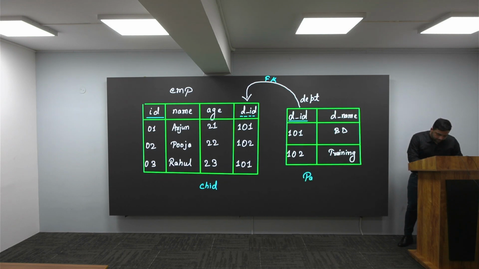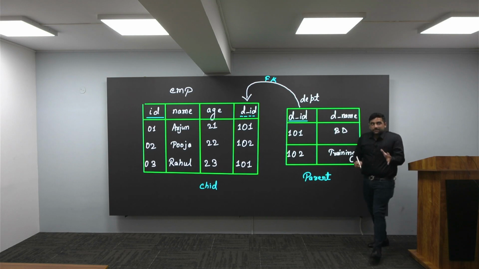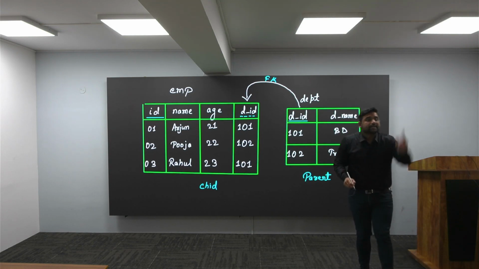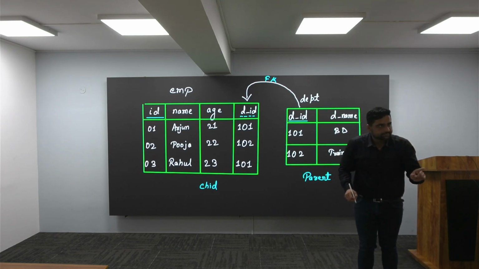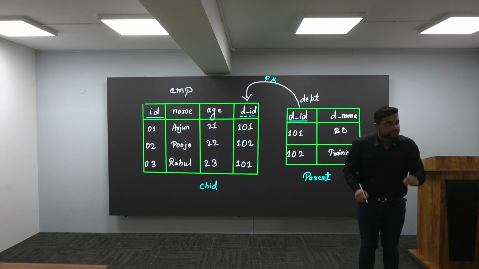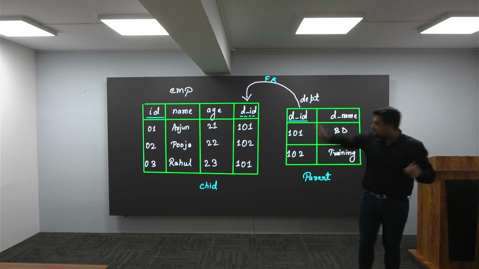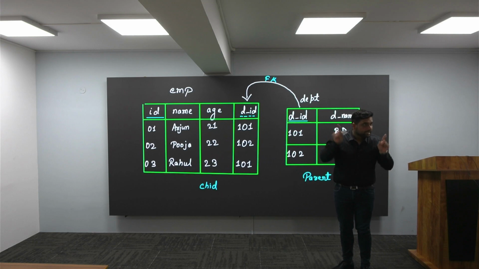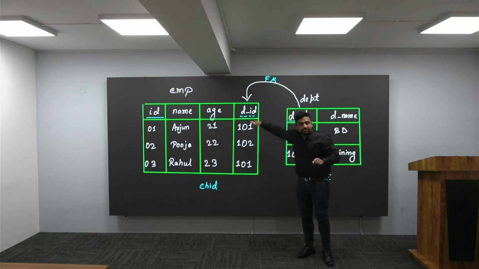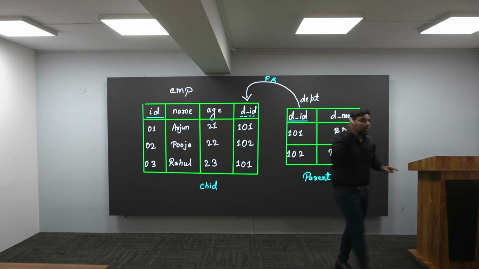This is your parent. And as a rule, you have to create the parent table first. Which table do you have to create first? Parent. And why is this child? Because this is a dependent table where we are having a foreign key.